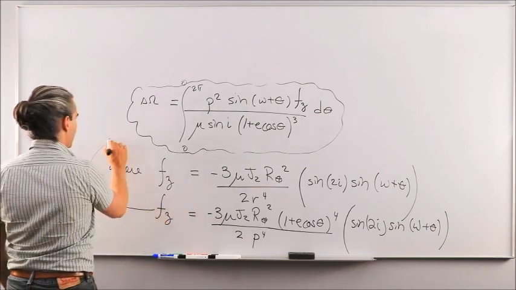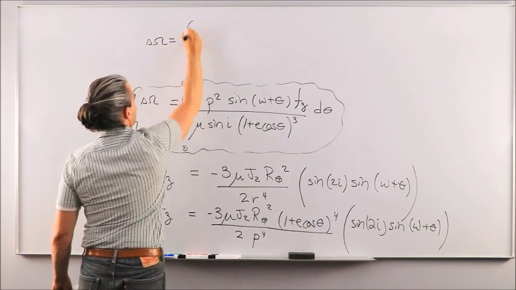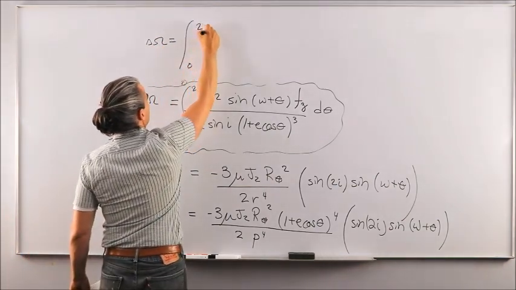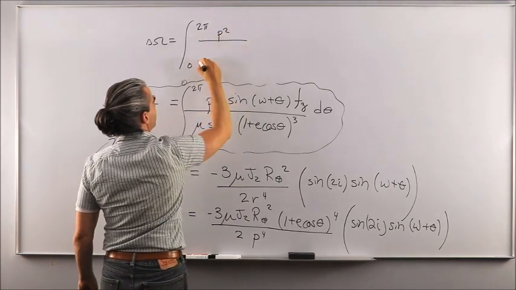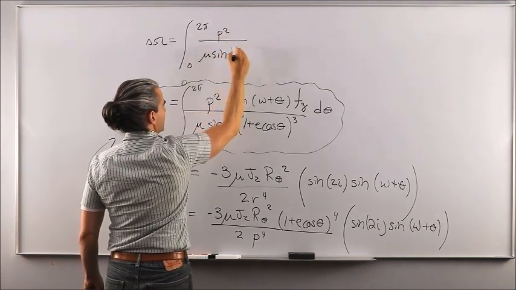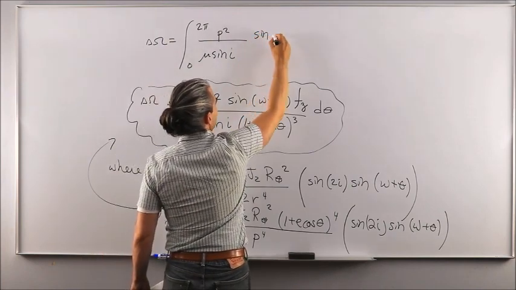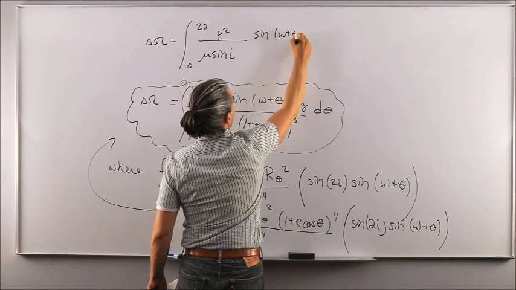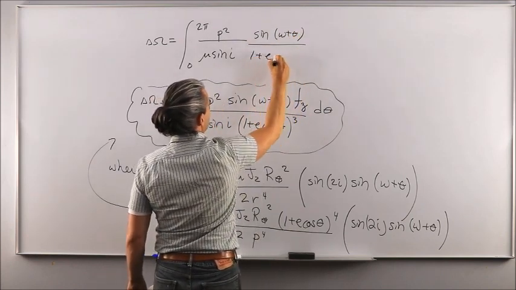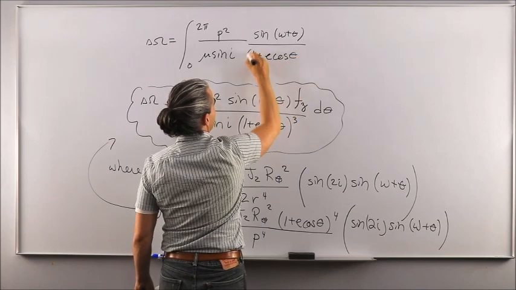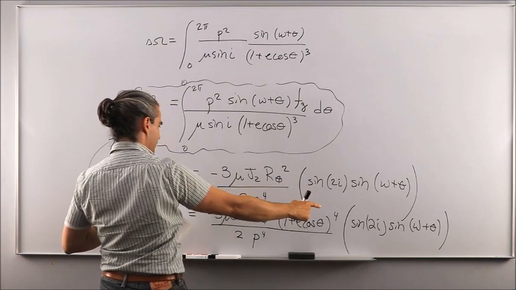So this back into that equation will give us the integral from 0 to 2 pi of p squared mu sine i sine argument of latitude over 1 plus e cos theta cubed, times Fz, which is all of this.